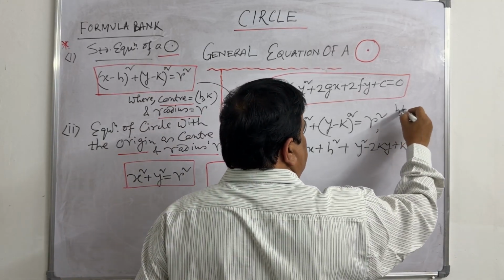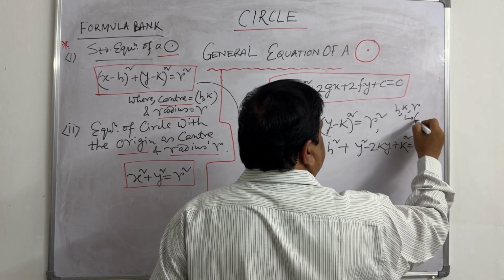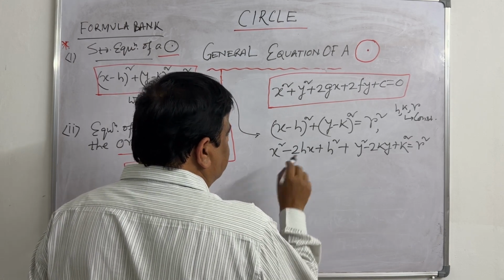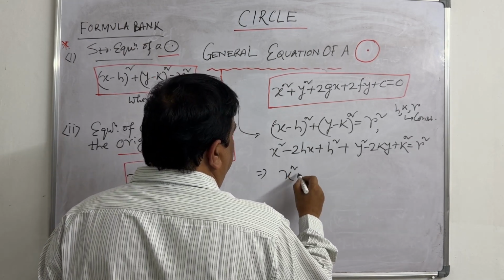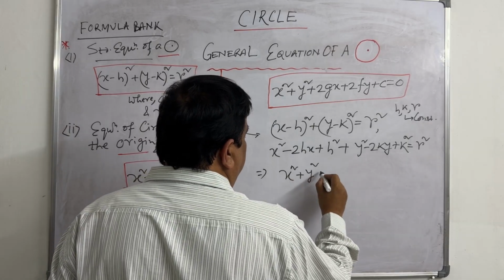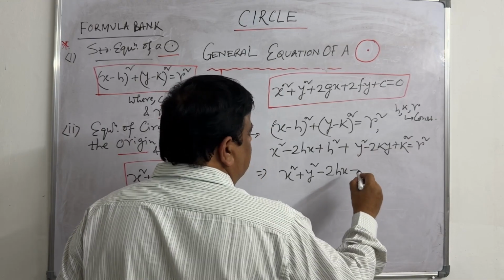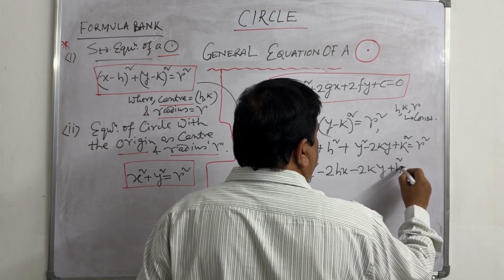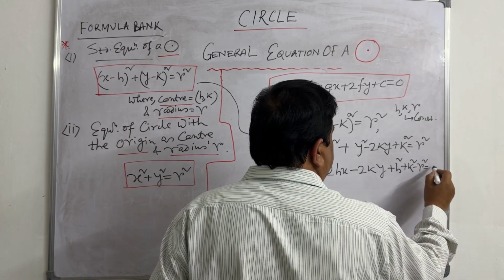Okay, so if you rearrange, then I can say x square plus y square minus twice hx minus twice ky plus h square plus k square minus r square, that is equal to 0.